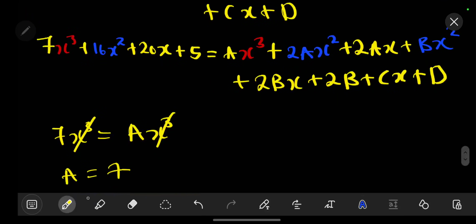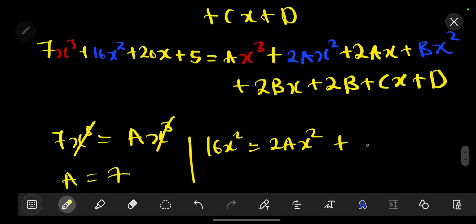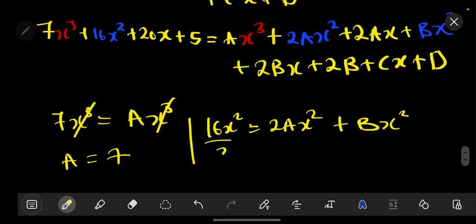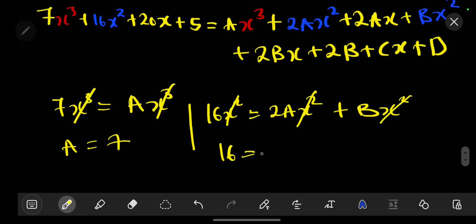So we are going to have 16x squared should be equal to 2ax squared, then we have plus bx squared like that. Then we divide x squared throughout, these will cancel. So we are going to have 16 should be equal to 2a plus b. And a is equal to 7.